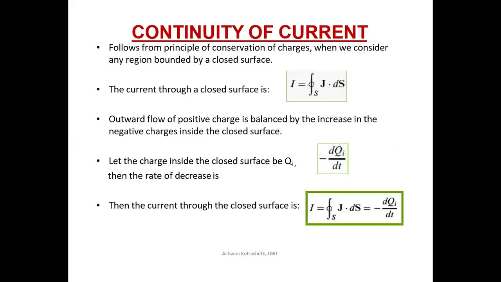Okay. So we have two types of current density. One is the conduction current density, which is denoted by J bar. And we have the second type of current density called the displacement current density, that is del D by del t. But the continuity of current is pertaining to the principle of conservation of charges.